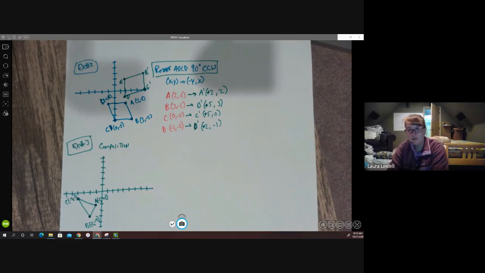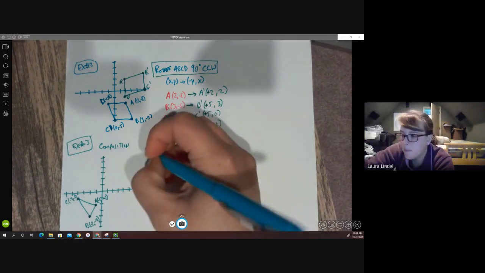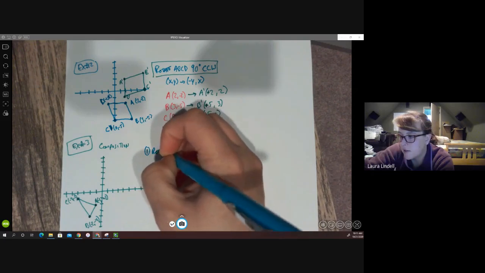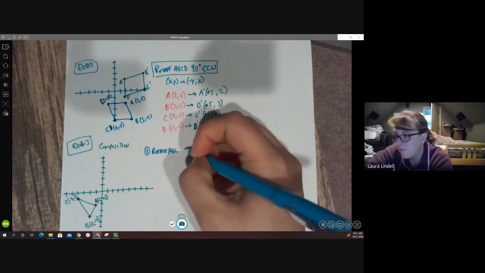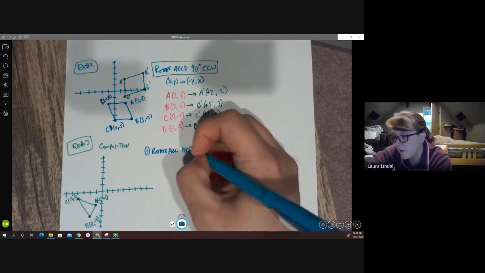And we're going to be given two instructions here. First instruction, rotate ABC 180 degrees.